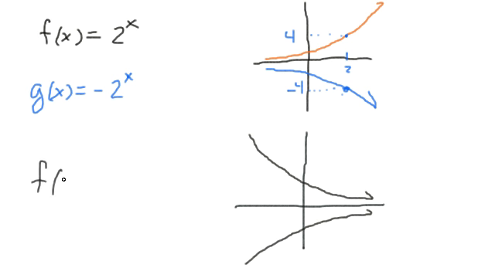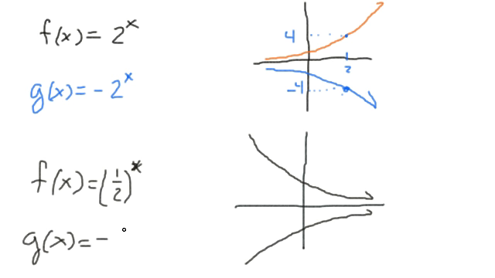Well, we'll say that f of x is equal to a half to the x. To get this to reflect about the x-axis, we'll call this one g of x. You would throw a negative out in front. So you see, throwing a negative out in the front causes the graph to reflect about the x-axis here.